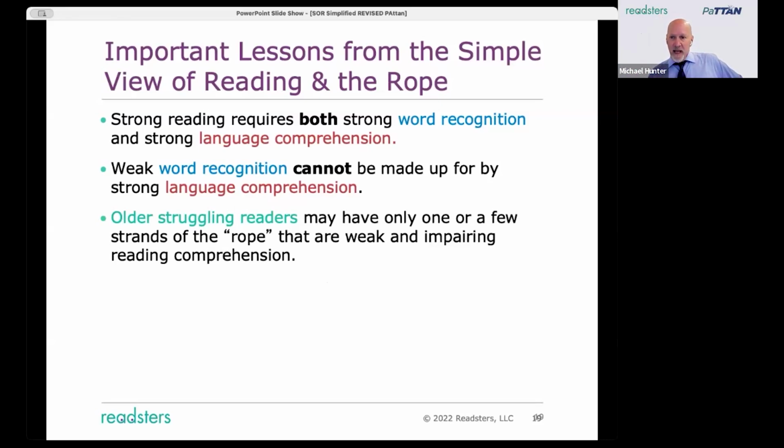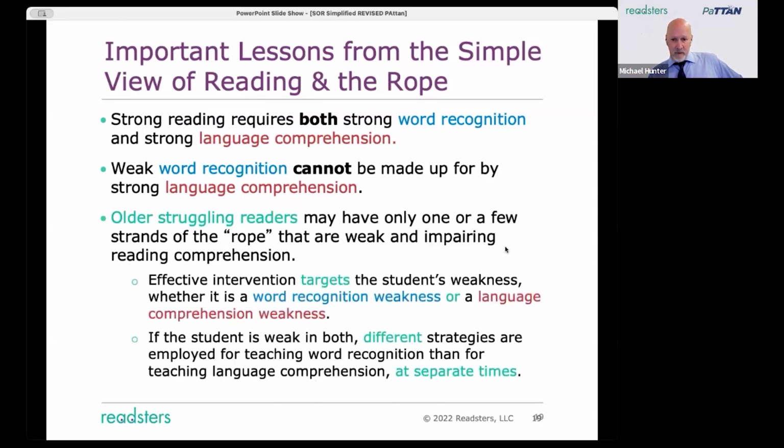We have to isolate and figure out what those are and fix them for older struggling readers. So effective intervention is going to focus on those weaknesses and target them in isolation, and fix those, and develop the rope to the strength that we're looking for.